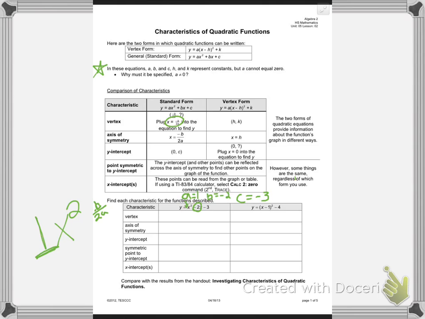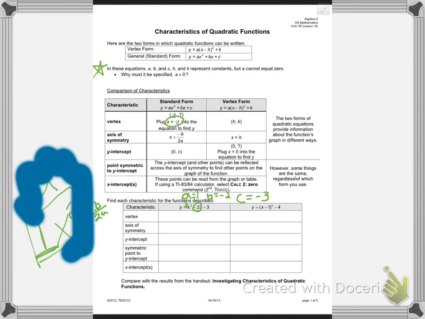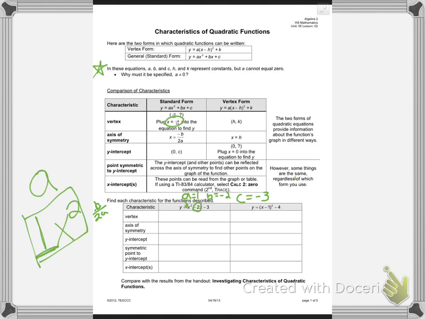Okay, in this case that's a 1. So my a term is always what's in front of my x squared. That's something to know. My a term is always what's in front of the x squared. Okay, make sure you know that because that is important. I don't know how else to really make it colorful enough so you know that, but that's what it is.